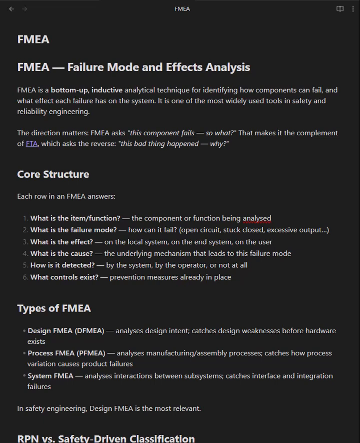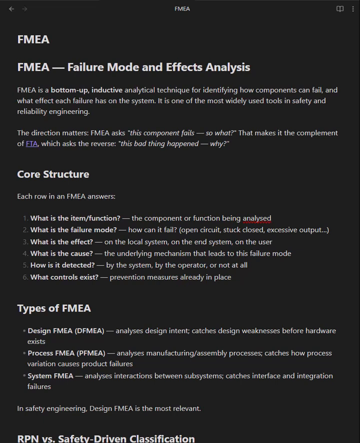That's the next question that we ask, and we try to look at those and identify as much as possible, considering the different connections in the system. We check the local effect, we check the next level effect, and the effect on a higher level.